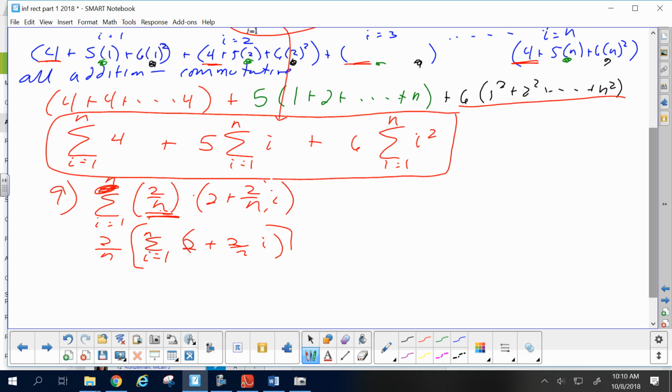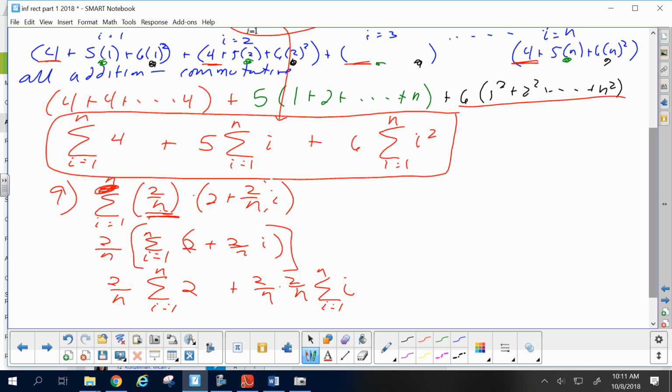You with me? Likewise, this sum can be broken up into 2 separate sums. 2 over n times the sum of a bunch of 2s, and 2 over n times this guy. Now again, once I get to this separate sum, the 2 over n is the greatest common factor. It can be brought out, and I just need to add all the i terms. This is what I want you to be able to do, is to blow up a one-term expression into lots of little terms.